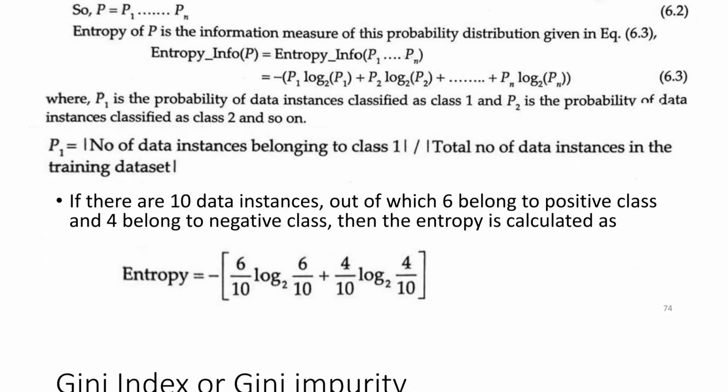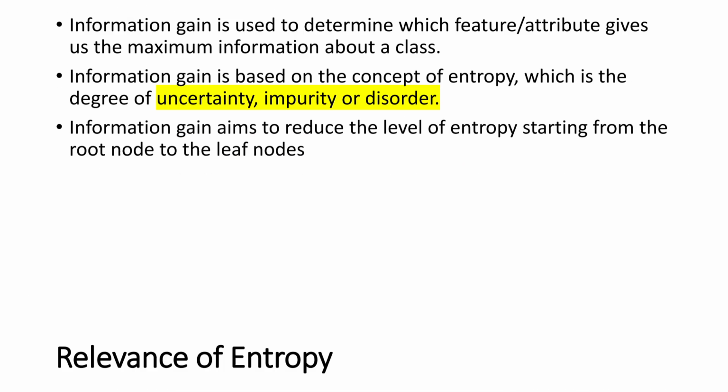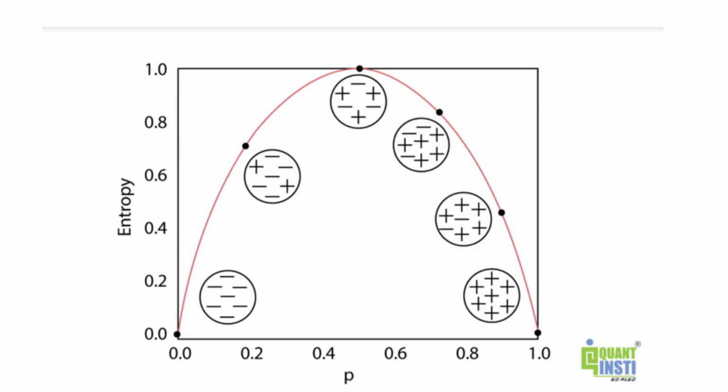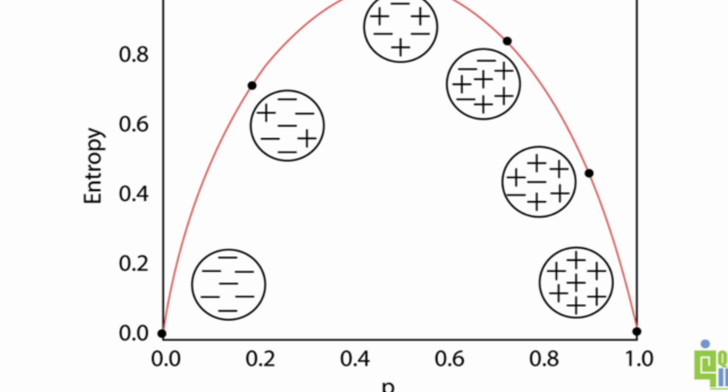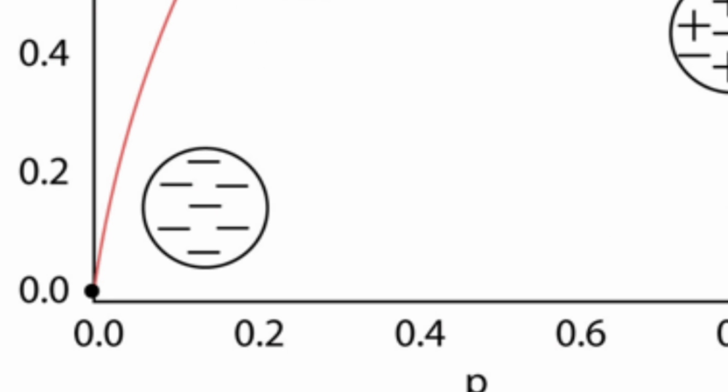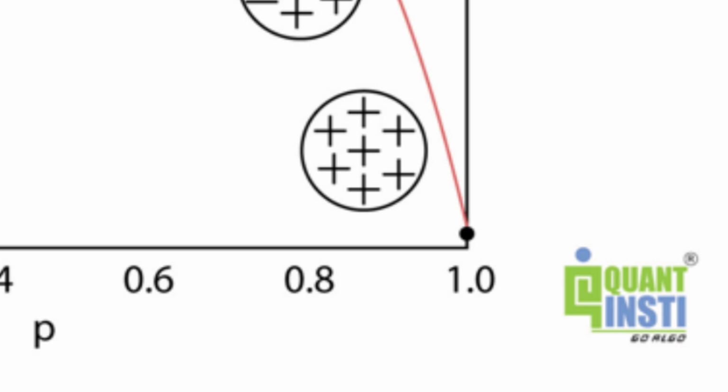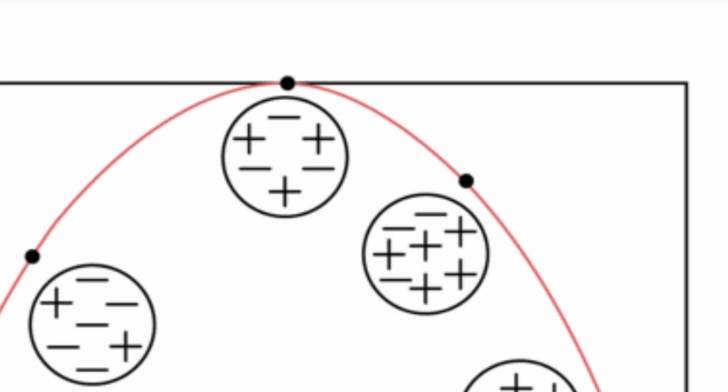This is depicted in the form of a graph. You can see here, this is the way. If all are negative classes or all are positive classes, then entropy value will be 0. If it is 50% positive, 50% negative, then the entropy value is 1.